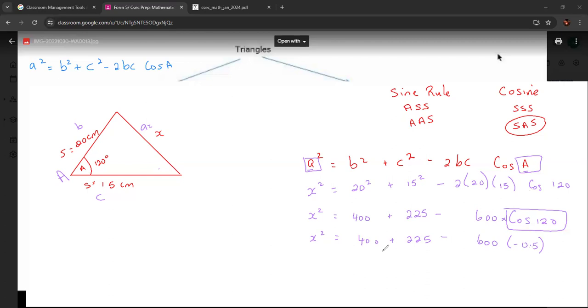Negative by a negative becomes a positive. So 600 times 0.5, we got 300, but it became a positive, because when you multiply two same signs, the answer is positive.